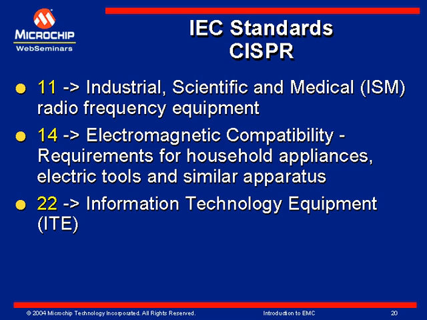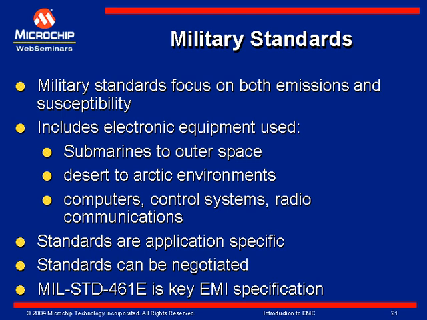The next category of standards is military standards. Again, military standards focus both on emissions as well as susceptibility or immunity. If you look at military equipment, it varies a lot, from submarine to outer space, desert to Arctic environment. The military system requires mission success.